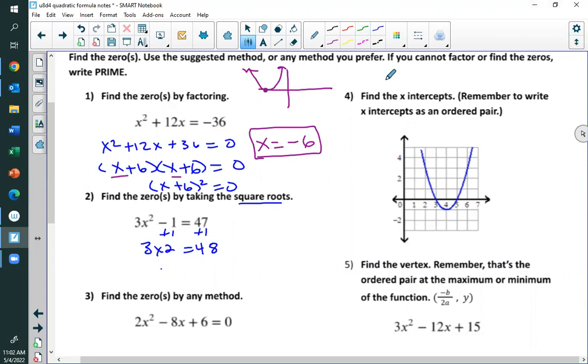Remember, your answer that you're giving me, since I'm asking for zeros, you need to tell me what does X equal. Sometimes it will have one answer, sometimes it will have two. If I'm asking for X intercepts, you need to give me ordered pair or ordered pairs.